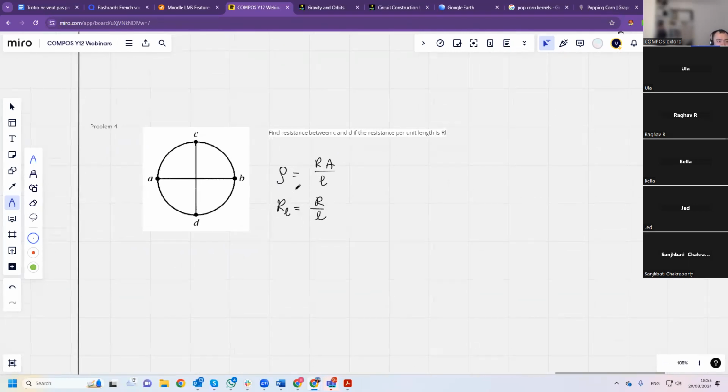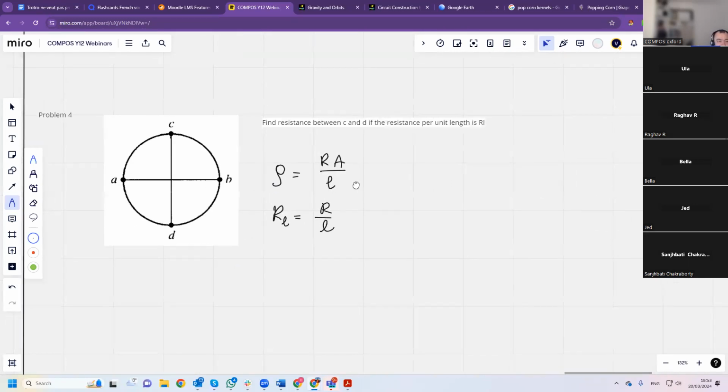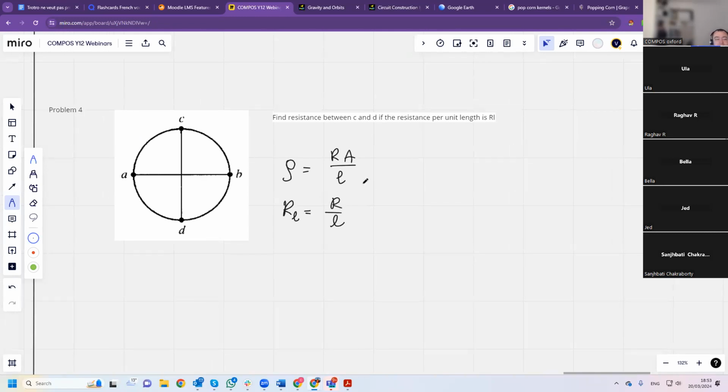Okay, problem 4. Find the resistance between C and D if the resistance per unit length is RL. So resistance per unit length is another valuable thing. If you were to design an electric heater, you're not really interested in the resistivity.